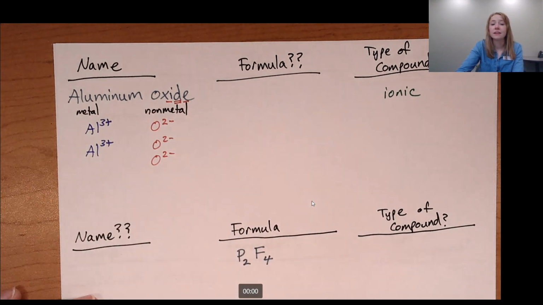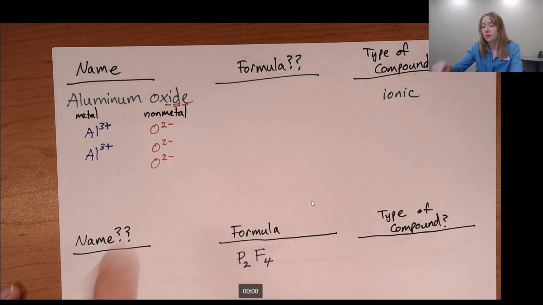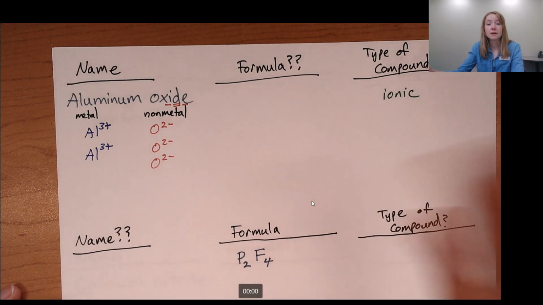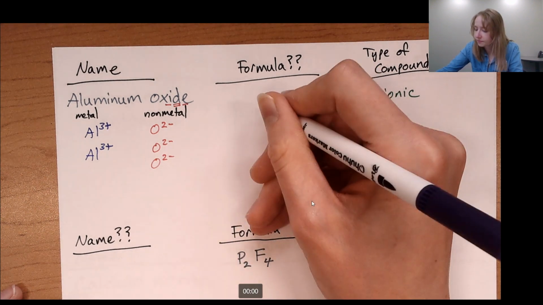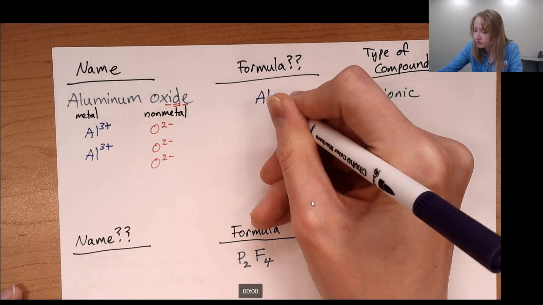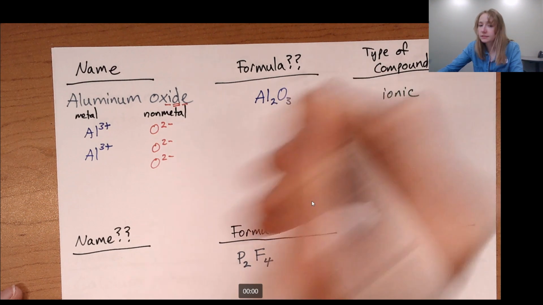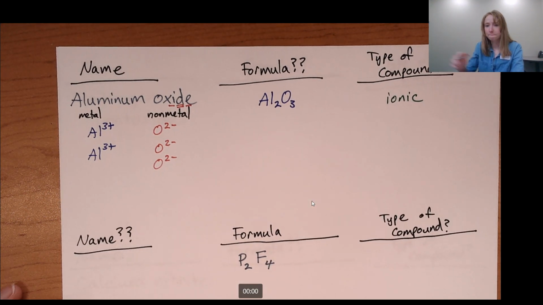So that would give me a -6 charge. So +6, -6, my net charge is 0. And that means my formula is going to be 2 aluminum and 3 oxygen. So there we go.